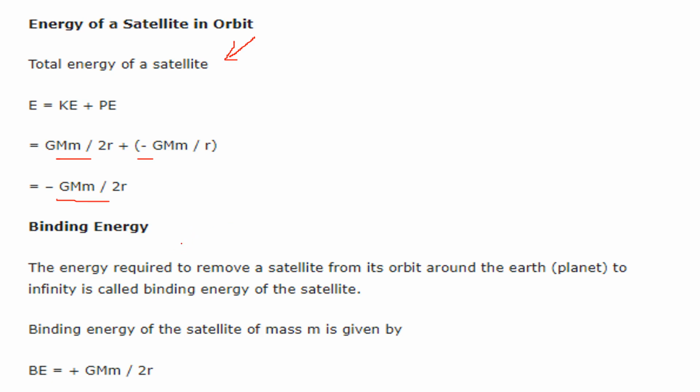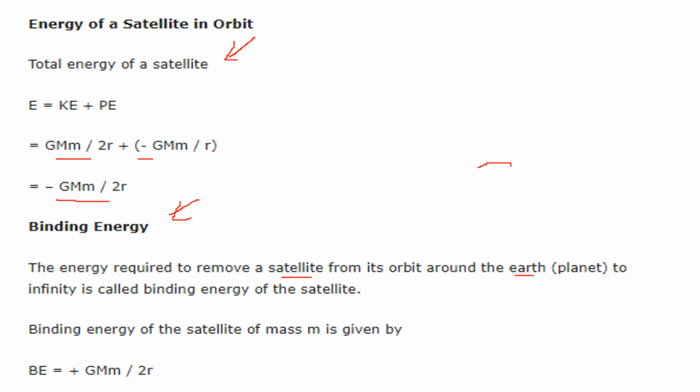Binding energy. What is the binding energy? The energy which is required to remove a satellite from its orbit around the Earth, or say any planet. We will not talk about Earth again and again. It can be any planet. To infinity. This is called binding energy of the satellite.